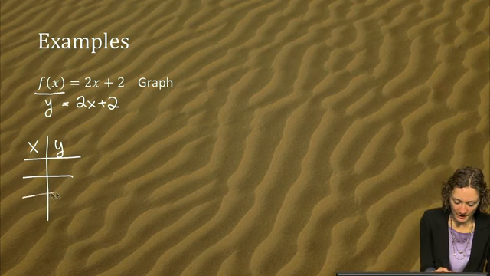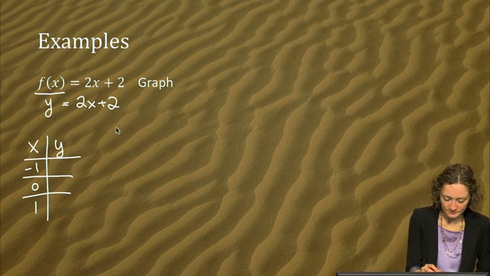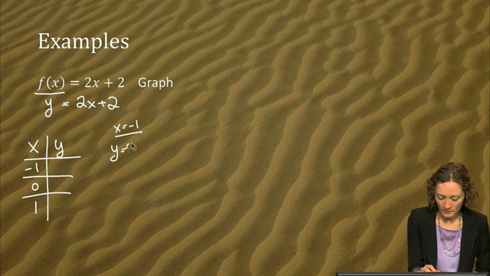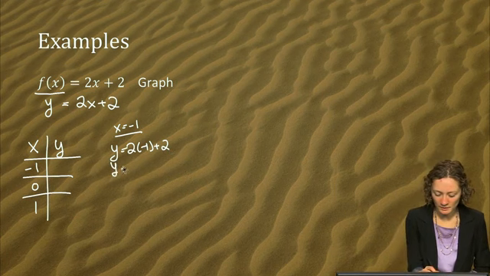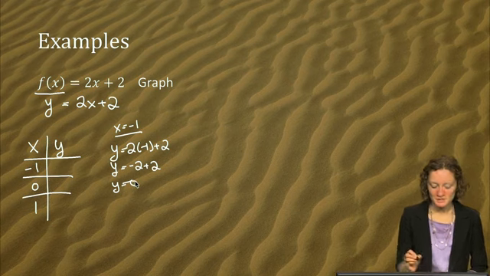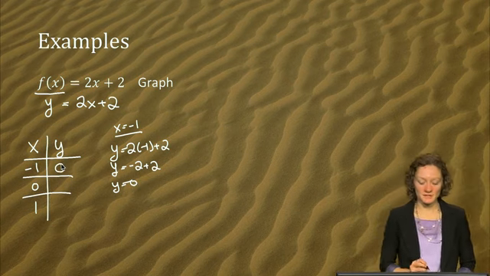Let's say we plug in for x. Let's go with -1, 0, and 1. If we plug those in, we get y equals 2 times -1 plus 2, which is 0. So the ordered pair we have is (-1, 0).